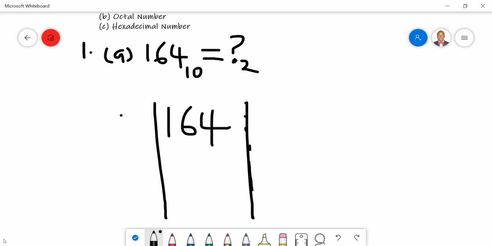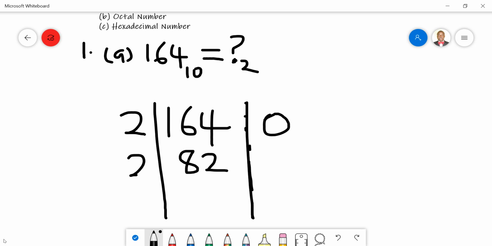Then you will say, 2 goes how many times into 164? If you check, it goes 82. You write your 82 here. Does it leave a remainder? No. So if there's no remainder, it is 0.